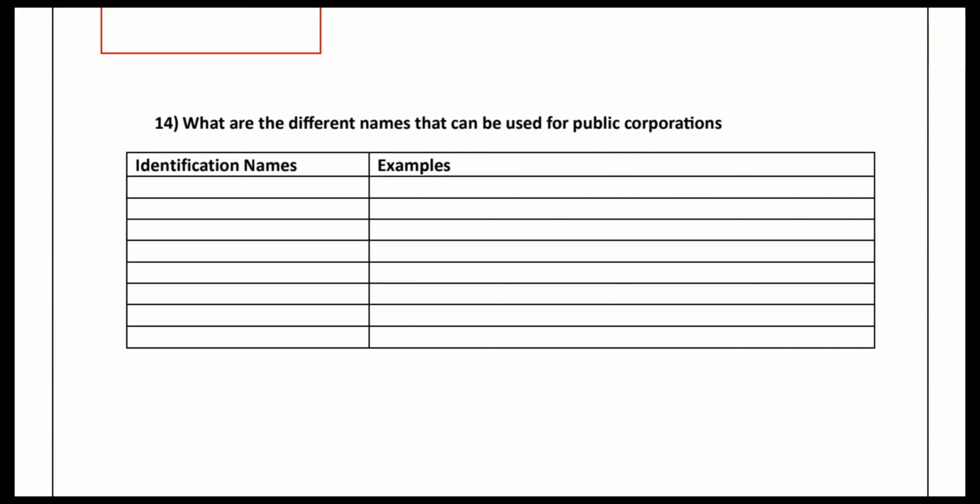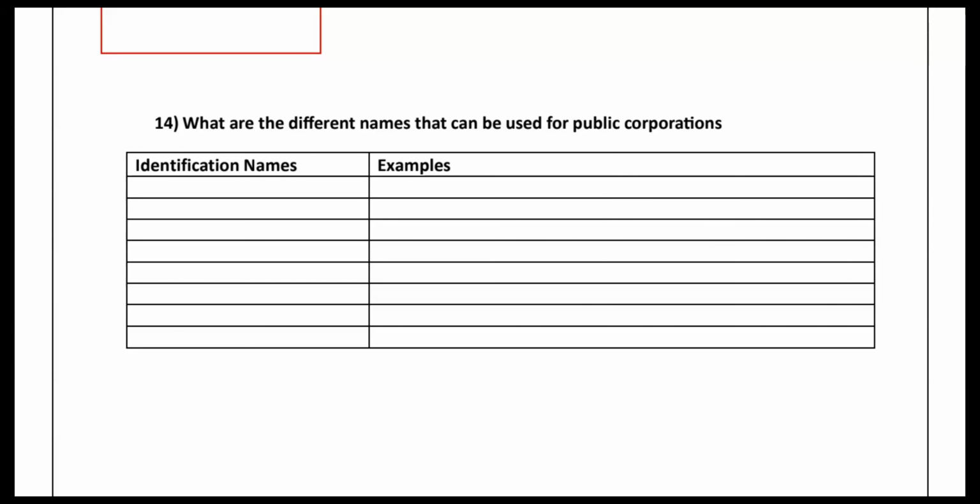There are public sector banks, and usually they fall under public corporations. You know what those banks are? Bank of Ceylon, People's Bank. Those are public corporations, they are public sector banks, right? So the word bank can also be used for public corporations. Example is Bank of Ceylon and People's Bank.